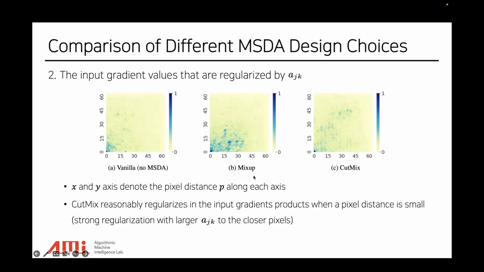So compared to Mixup, CutMix in this region has a relatively lower value. So it means CutMix reasonably regularizes the input gradient products when the pixel distance is small. So you can strongly regularize with the large coefficient AJK to the closer pixels.